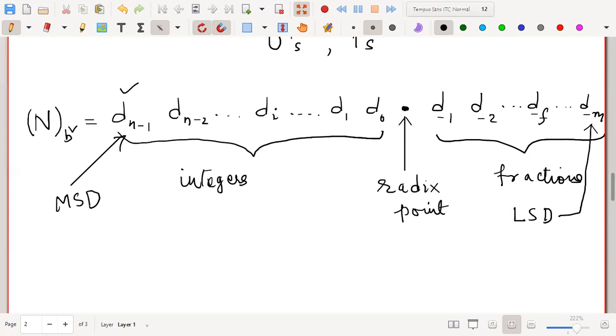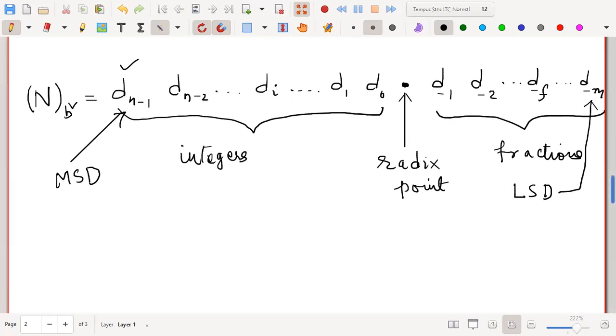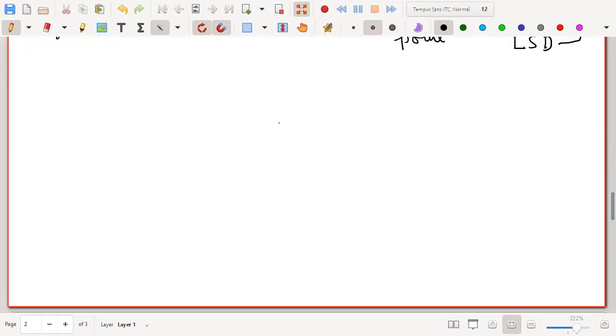So today, let us go and see one by one what are the characteristics of different number systems. Let me just slide it down. So we'll begin with the first one, the characteristics of the binary number system.